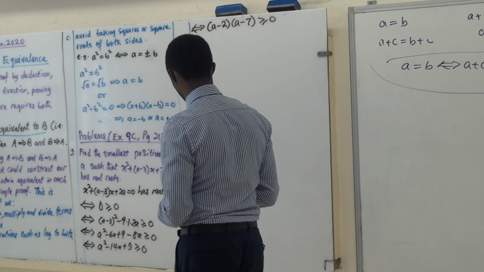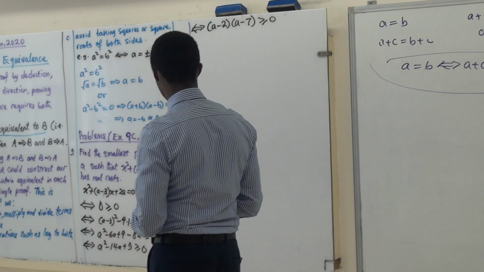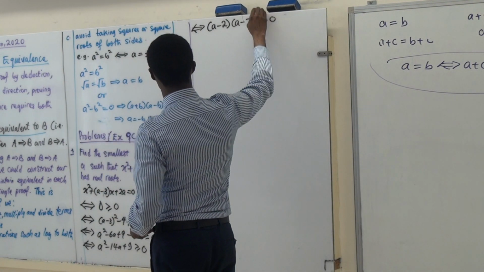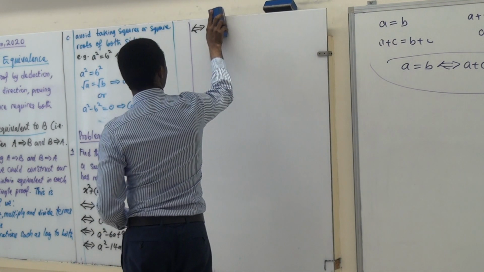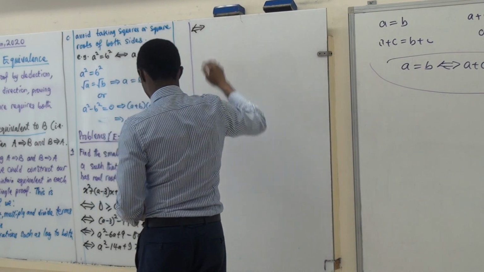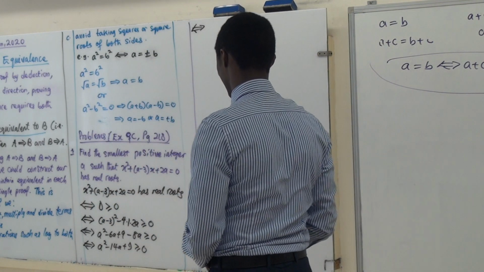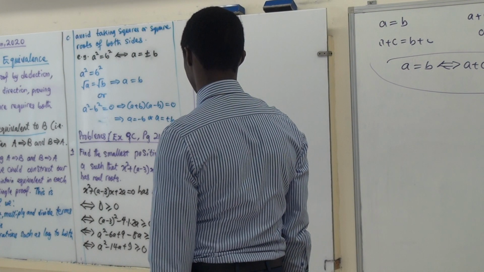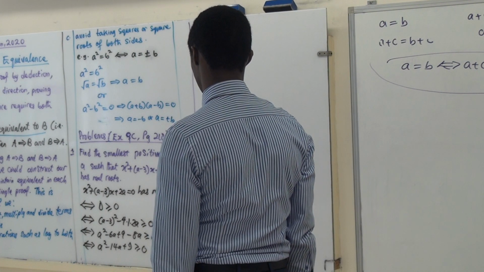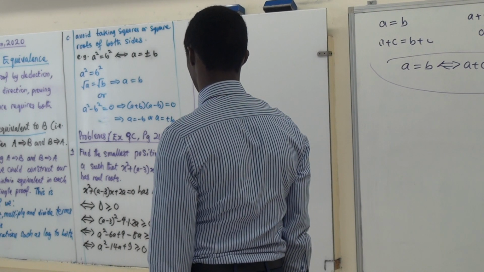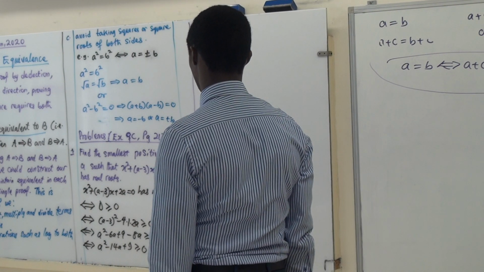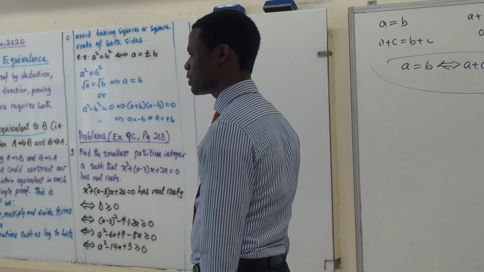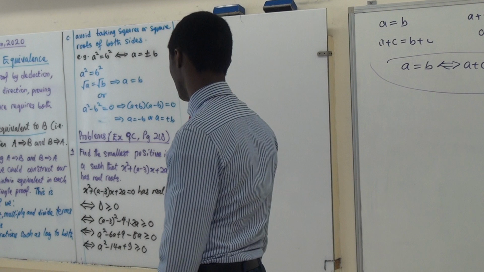Wouldn't that be a squared minus 9? That's wrong, okay. So what happens when we have a squared minus 14a plus 9 greater than or equal to 0? It's not even factorizable, so completing the square would be better.